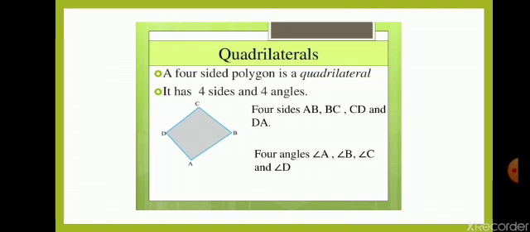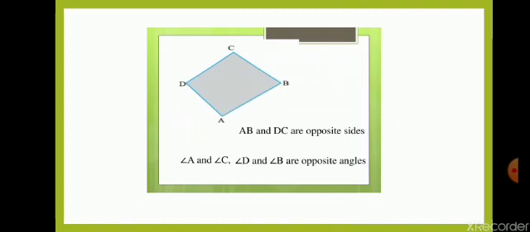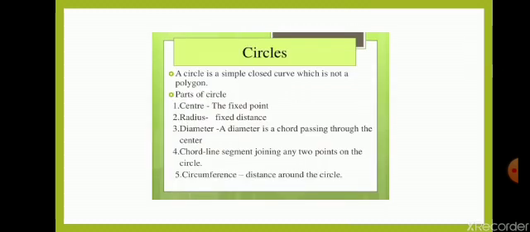These all are examples of quadrilaterals. Look, AB and CD are the opposite sides, and angle A and angle C, angle D and angle B are the opposite angles. Our next topic is circles.